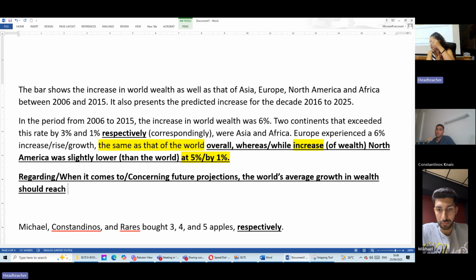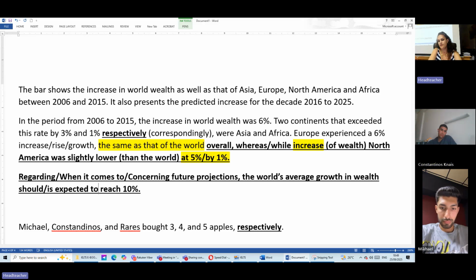Have a look in your graph, Georgia, and tell me. Don't use your phone, darling. You're destroying yourself. Should reach 10%, or otherwise is expected to reach. For example, is expected to reach 10%.